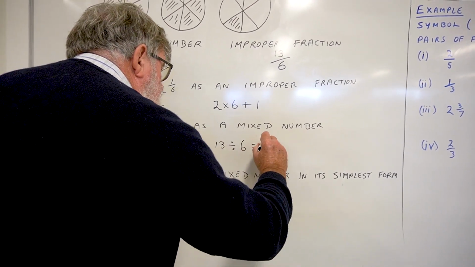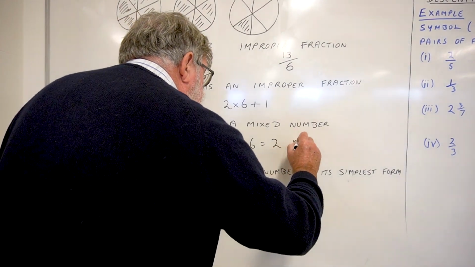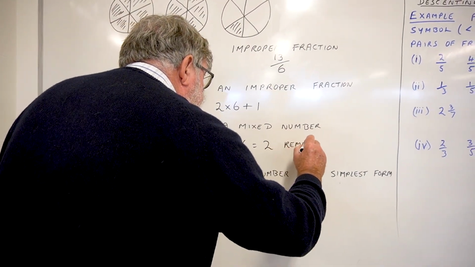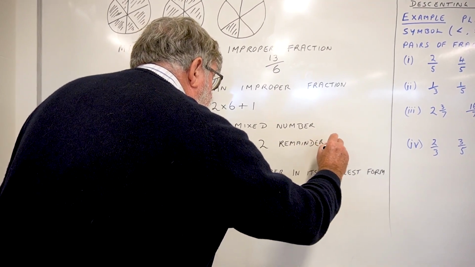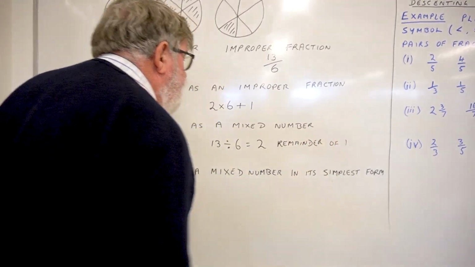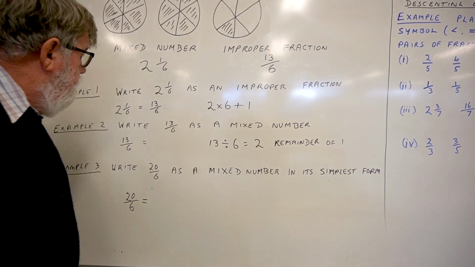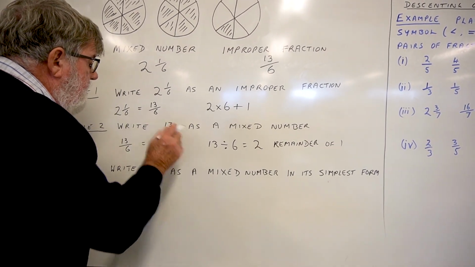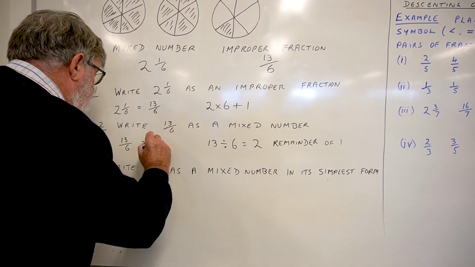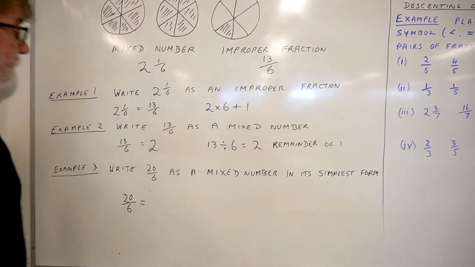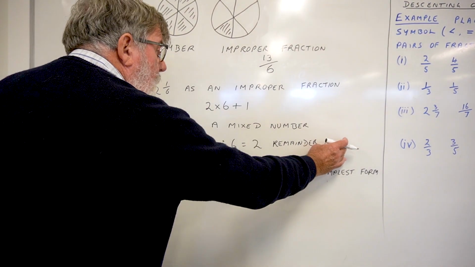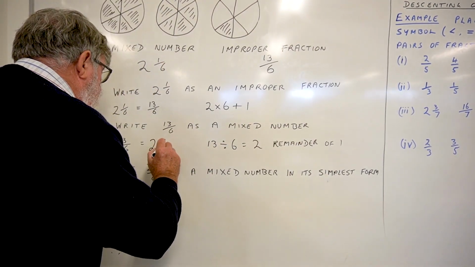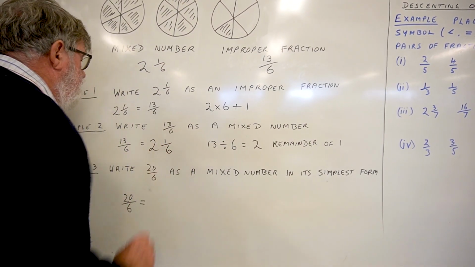The answer is 2 and a remainder of 1. So what that tells us is 13 pieces divided by 6, I've got 2 whole pizzas. And then how many bits of pizza left over? 1. And so 13/6 is 2 and 1/6.